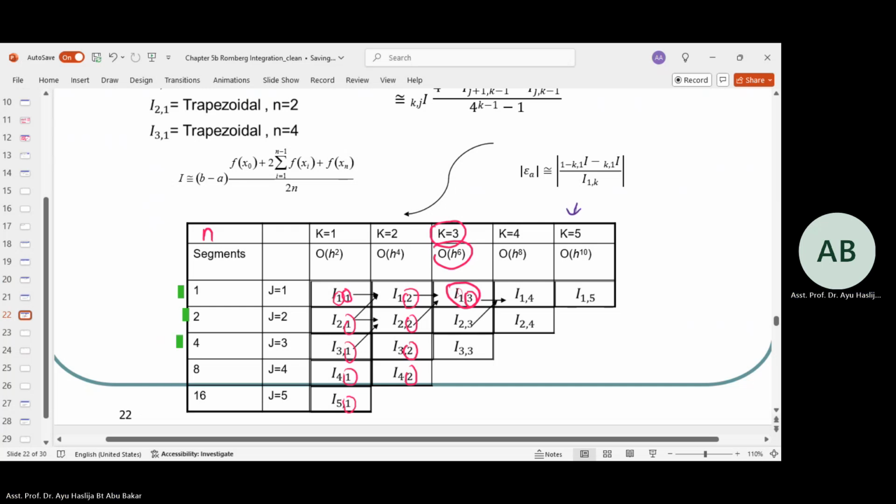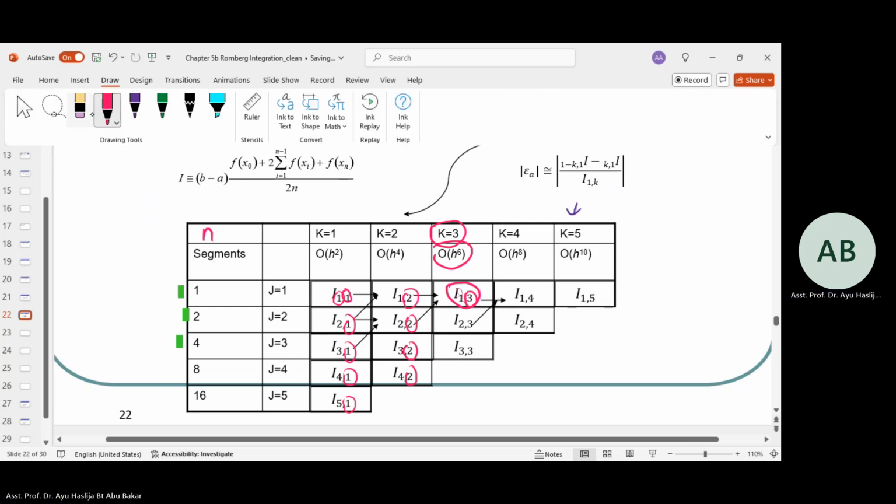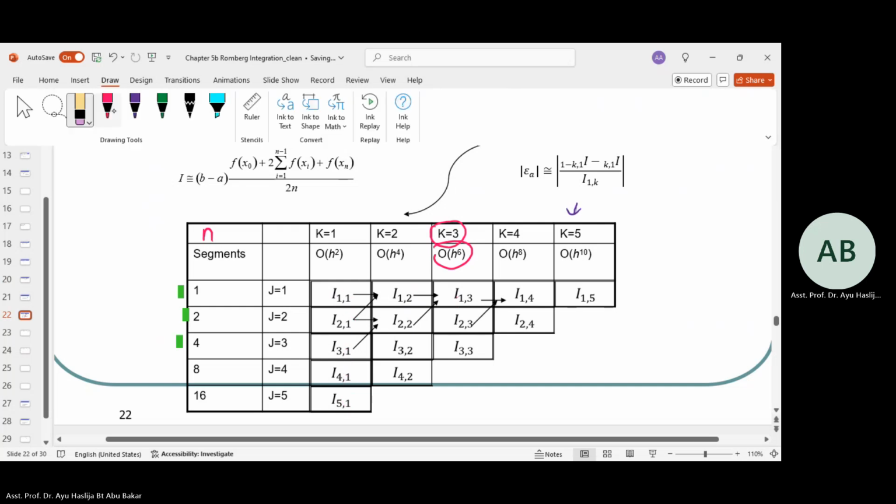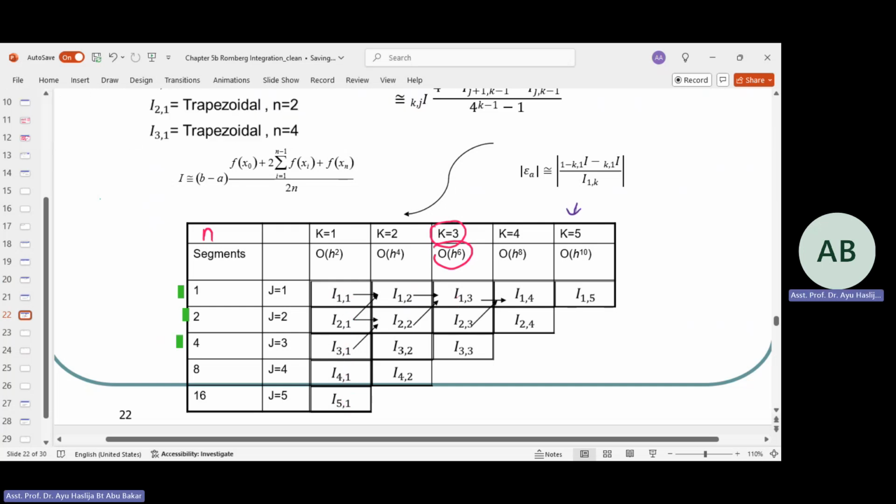Now, to find I13, we go backwards. Let's say the question asks you to find an estimation of I13. So you should know what level that is and the first estimation.